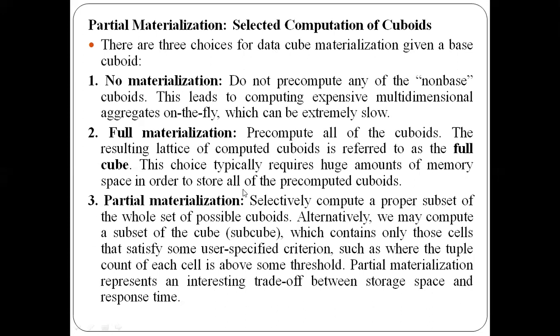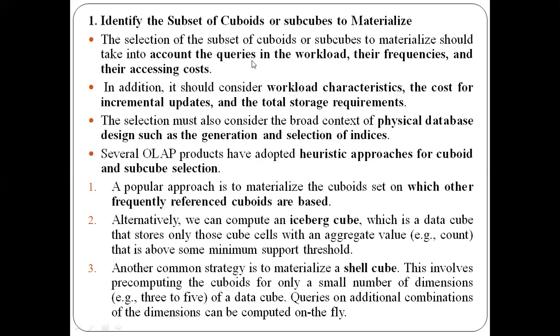Now, what are the factors we need to consider whenever we are performing partial materialization? Here we have three different factors that we need to consider whenever we are partially materializing a cuboid. The first one is to identify the subset of cuboids or subcubes to materialize.